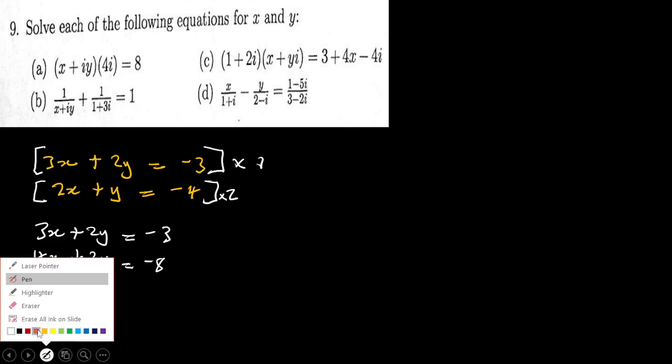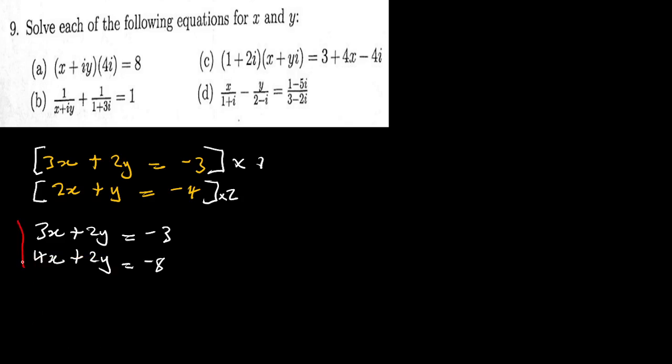So 1 times everything there, so this will be 3x plus 2y simply equal to negative 3. Then 2 times 2x, which is 4x, and then 2 times y, it is 2y, and that times that is simply equal to negative 8. So using the elimination method, guys, go and visit your grade 12 work.